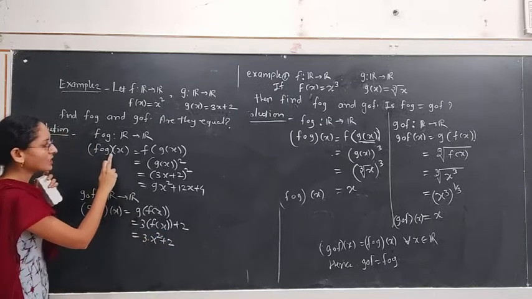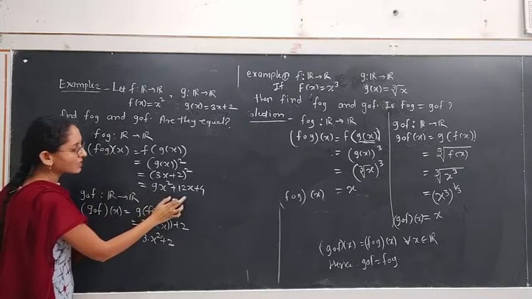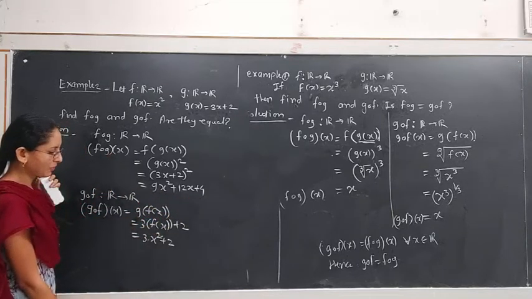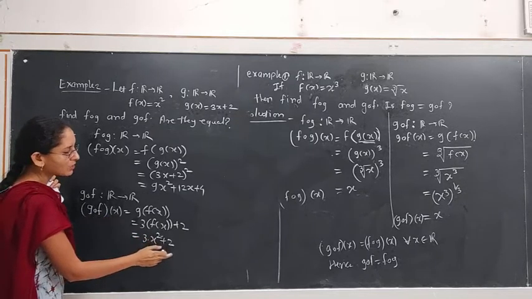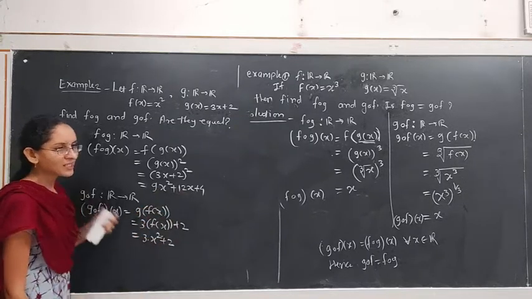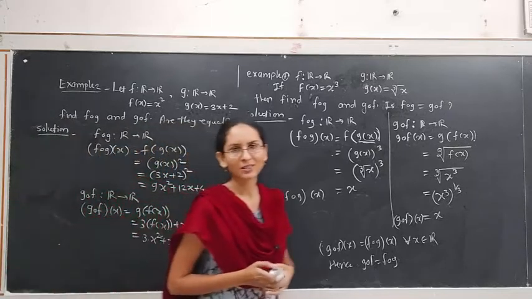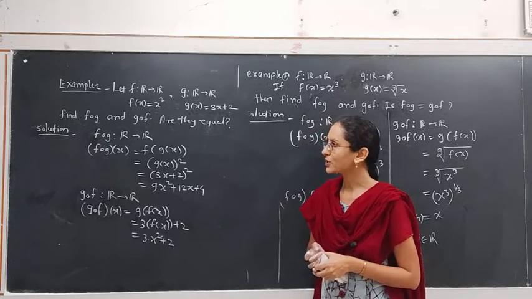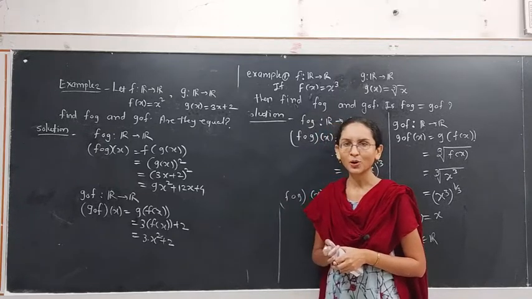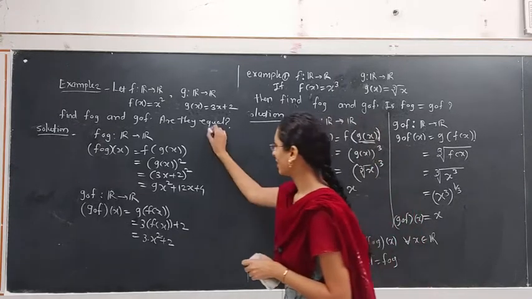See, f composite g of x is equal to 9x square plus 12x plus 4 and g composite f of x is equal to 3x square plus 2. These two polynomials are distinct polynomials. They are not same. Hence, the functions fog and gof are not equal functions.